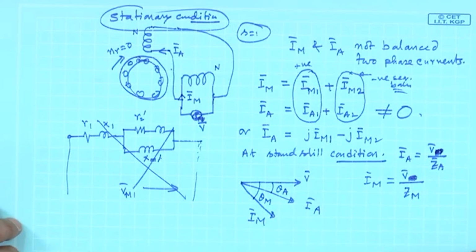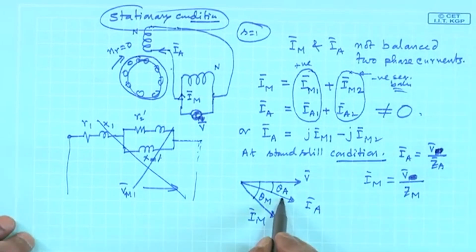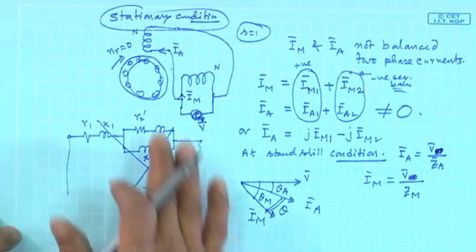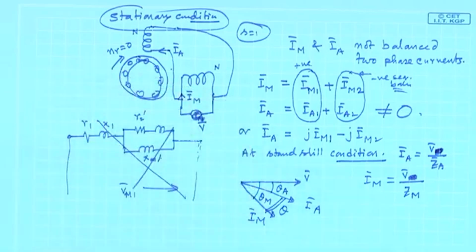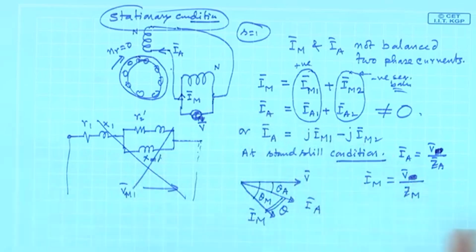Now, if that be the case and the angle between these two is some angle theta, therefore there must be a phase difference between the main and auxiliary winding impedances, so that things will work. It will become clear after a few steps.